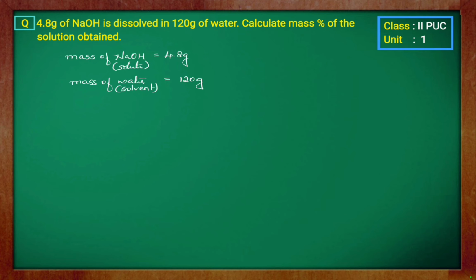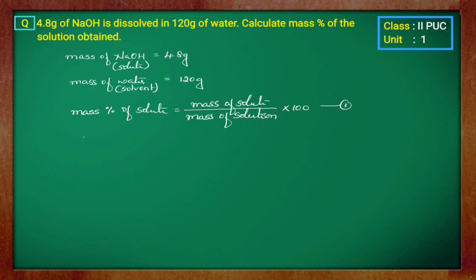Since they have asked for mass percentage of solution, as the solution is containing solute as well as solvent, we need to calculate mass percentage of solute as well as mass percentage of solvent. We have the formula: mass percentage of solute is equal to mass of solute divided by mass of solution into 100.